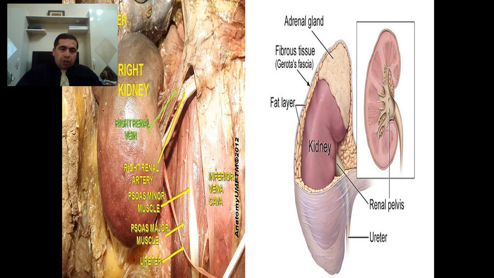If a person loses part of this fat, for example, after long, very hard diseases, the person loses body mass and also loses part of this fat. Kidneys, maybe right, maybe left, maybe both, they descend.